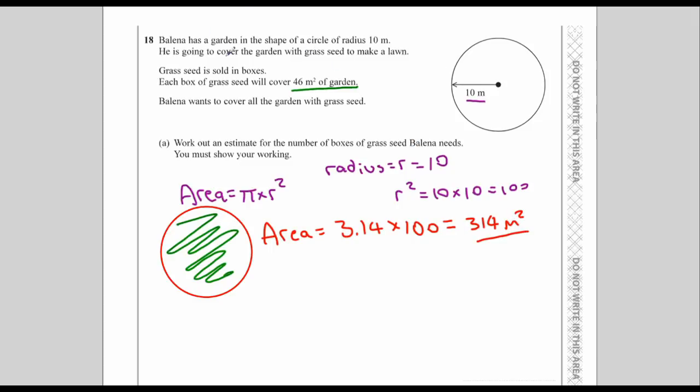Now, Bellina wants to cover all the grass, and each box has 46 meters squared in. So it's another divide. We're saying how many boxes, how many times does 46 go into 314? So bus stop method again.